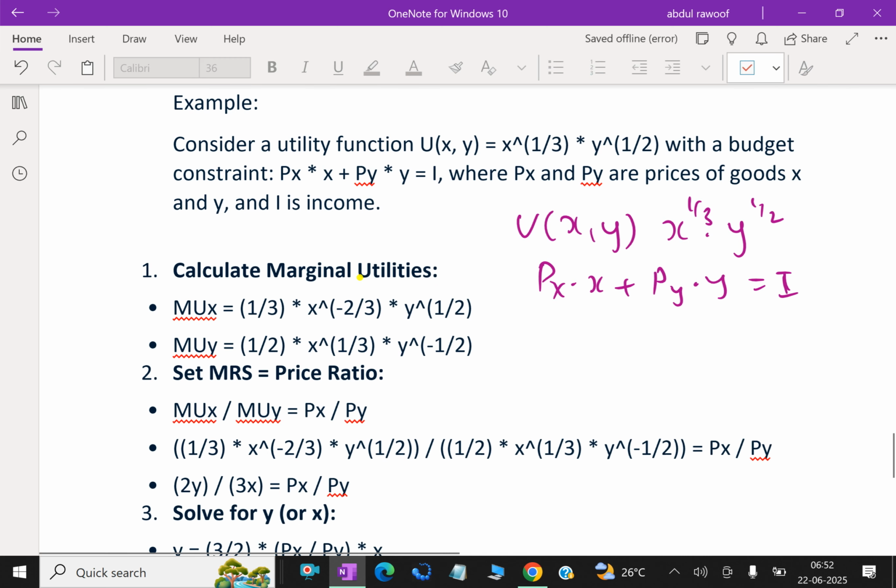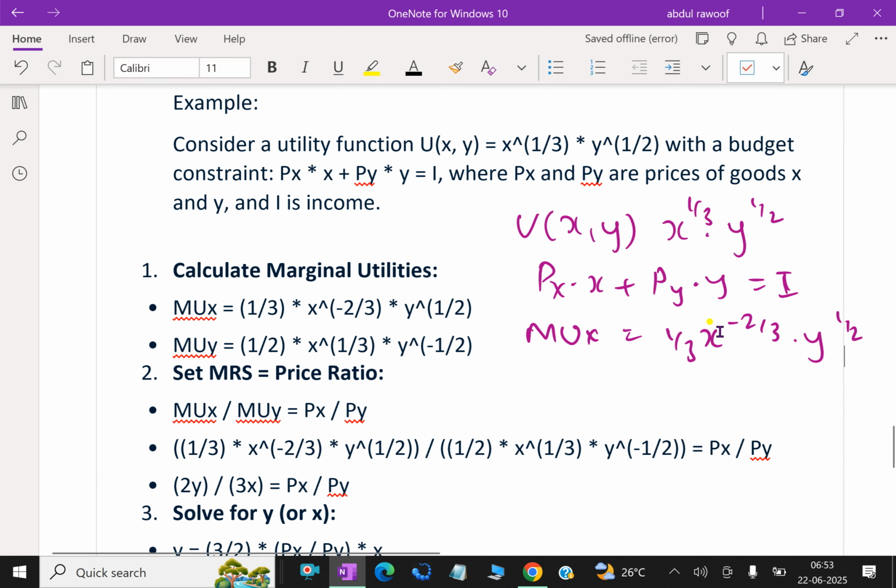Now, how to find MUx? That is the differentiation of the u function with respect to x. The differentiation of x power 1 by 3 is 1 by 3 x power 1 by 3 minus 1, that is minus 2 by 3, and y power 1 by 2.